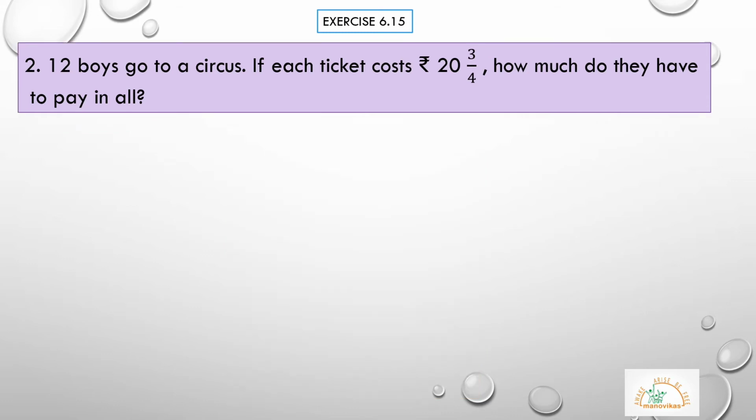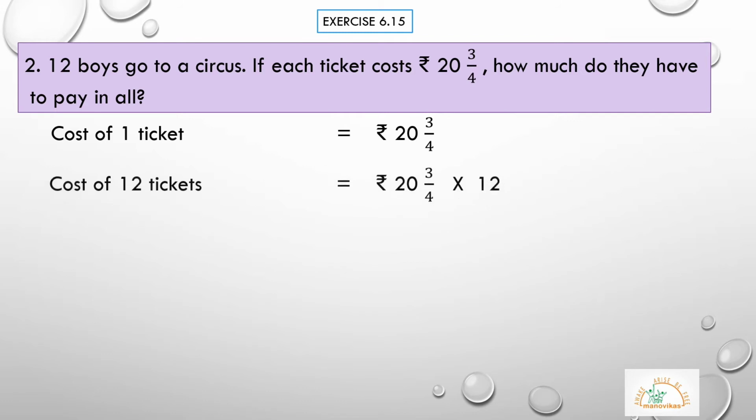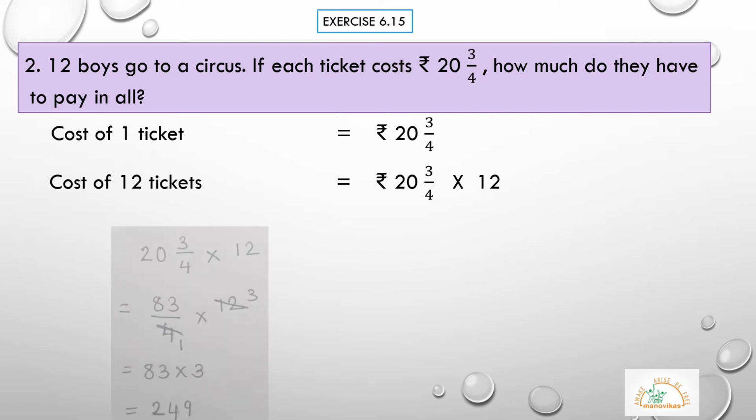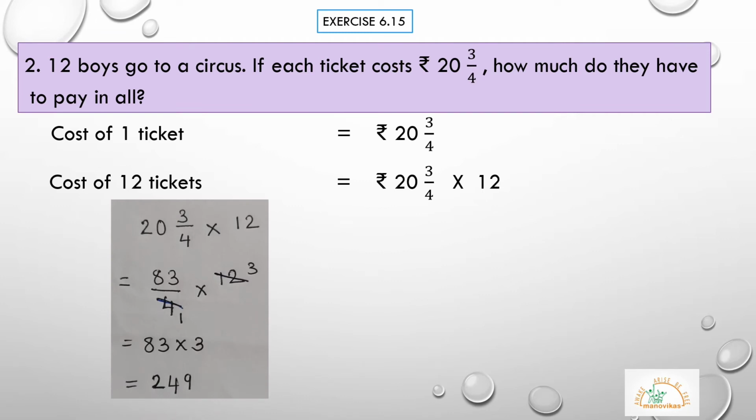Here is the solution. Cost of one ticket is equal to rupees 20 3/4. Cost of 12 tickets will be rupees 20 3/4 multiplied by 12. Here we are doing multiplication. First I will convert 20 3/4 into an improper fraction, and I get 83 upon 4 multiplied by 12.